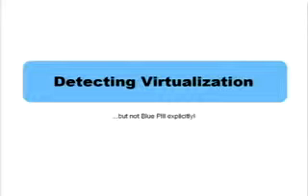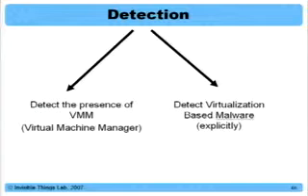This will probably become more evident when we get to nested virtualization at the end of the presentation. Just keep in mind this distinction for now. I'm going to exaggerate just to illustrate the difference.